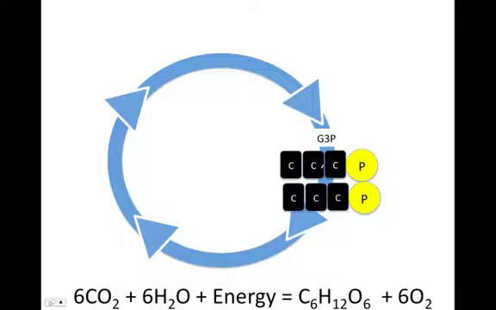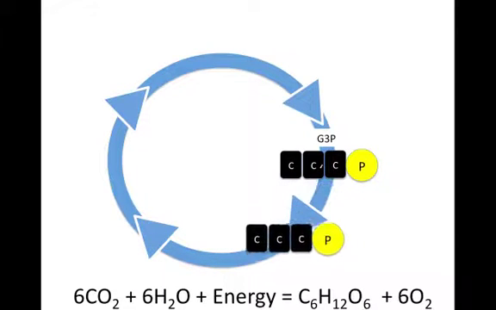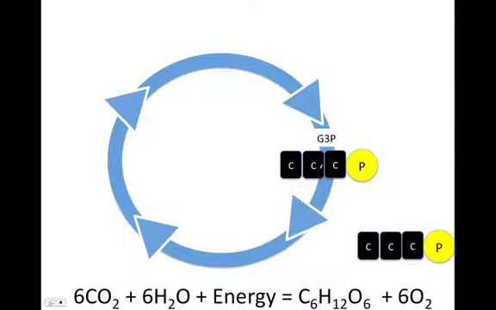The G3P is essentially what we were trying to get at. One of these two G3P molecules is going to be used to build glucose or other organic compounds. The other G3P molecule is going to be used to regenerate our ribulose bisphosphate molecule. So we're going to send one of those G3P molecules out to wherever the plant needs it.